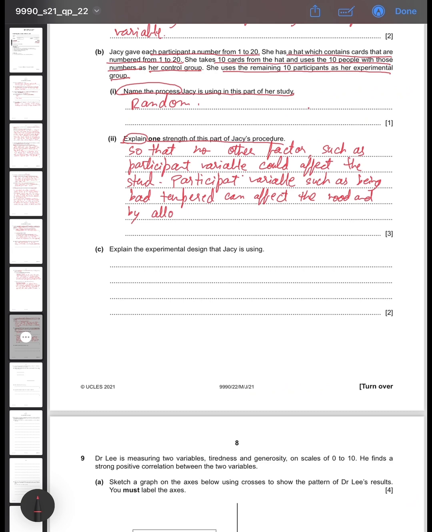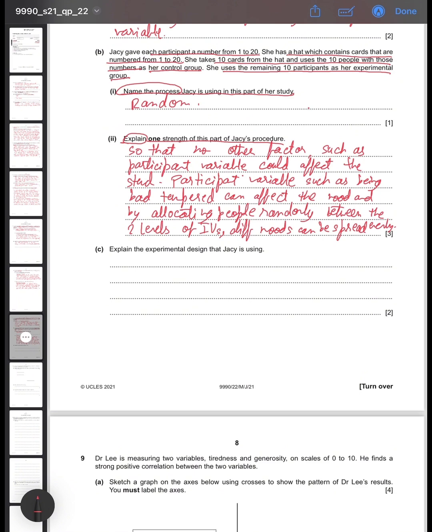and by allocating people randomly between the two levels of independent variables, different moods can be spread evenly between the two groups or two conditions.